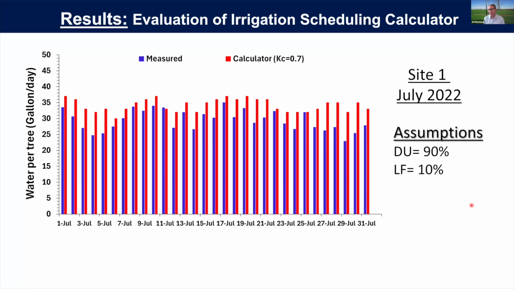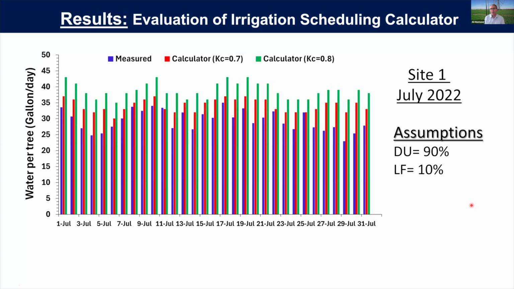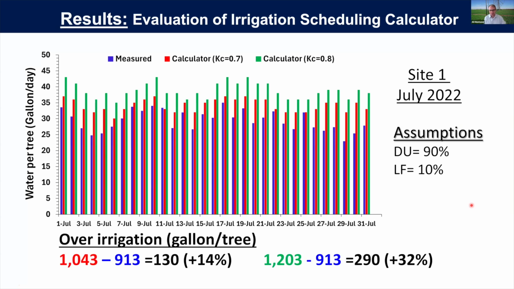If we enter 0.7 as the crop coefficient, you see a little bit higher values. But when we put a crop coefficient of 0.8 in this calculator, you see even more crop water needs calculated. So this is the evaluation I have for you.